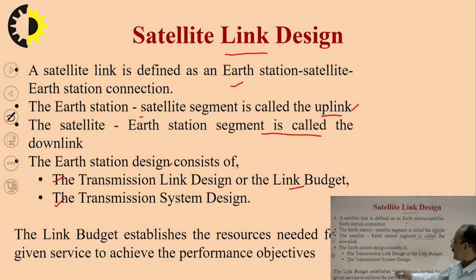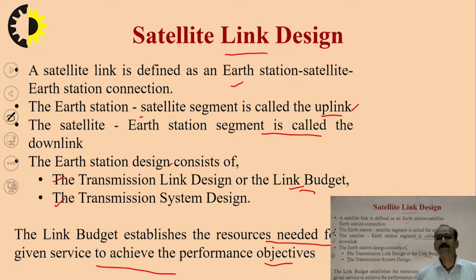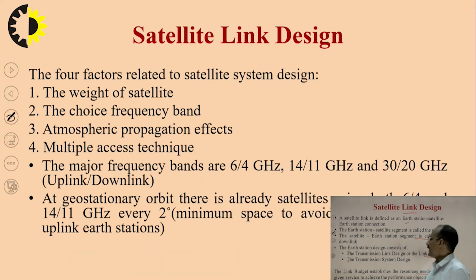The link budget establishes the resources needed for a given service to achieve the performance objective. It means when you want to design a complete satellite system for a specific task, such as navigation, you have to find out the resources needed as per the service for that specific objective. That is about the link budget.